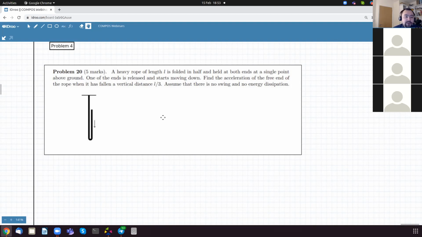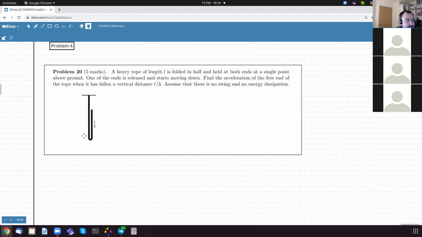So a heavy rope of length L is folded in half and held at both ends at a single point above ground. One of the ends is released and it starts moving down. Find the acceleration of the free end of the rope when it has fallen a vertical distance of L over 3. Assume that there's no swing and no energy dissipation.